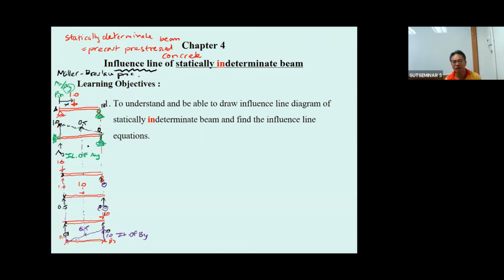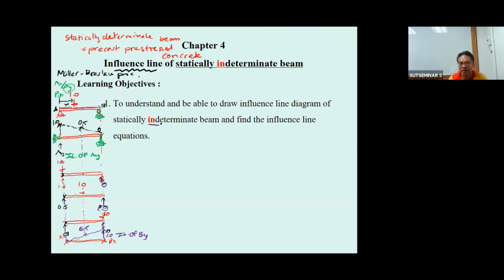So from this, you see the influence line indicates the value of the reaction A sub y when the force moves along the length of the beam, or the influence line of B sub y indicates the magnitude of B sub y when the 1.0 unit load moves along here.